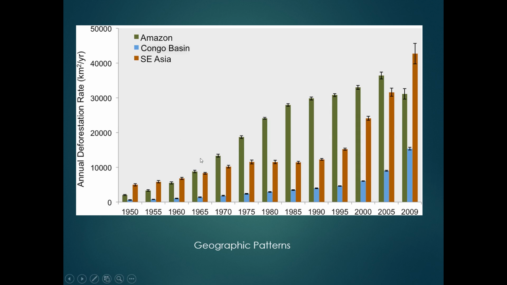But through time, international markets get interested. They are interested in the minerals that are there. So massive regions are deforested for large open pit mining, everything from copper to gold mining.